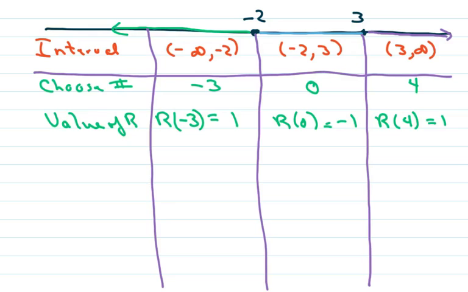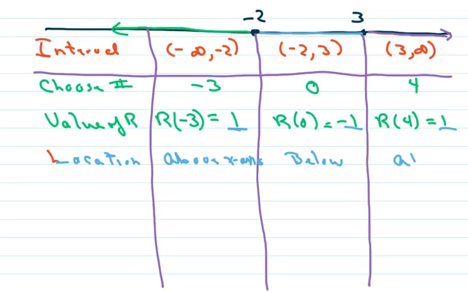Now, we have to determine the location on the graph. Since this is positive, this is going to be above the x-axis. This is negative, so it's going to be below the x-axis.